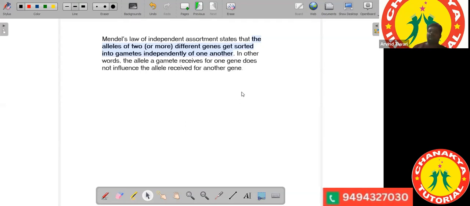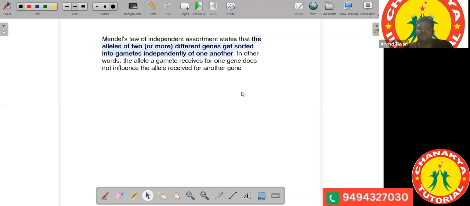Means if, suppose, a gamete is receiving a gene for the color, that's red, it will not affect whether it is also getting a gene for shape or not. Got this law of independent assortment? It basically applies to your dihybrid cross.